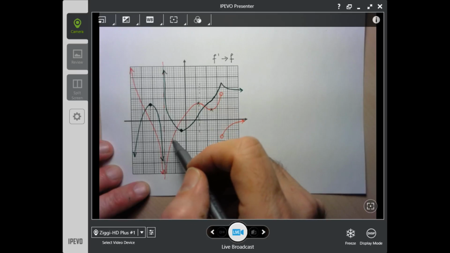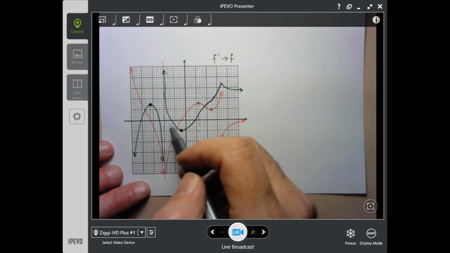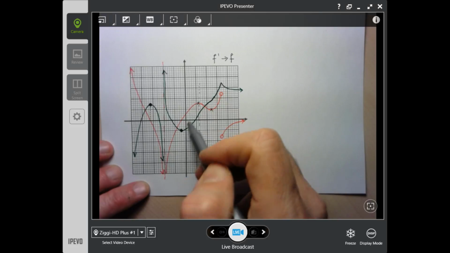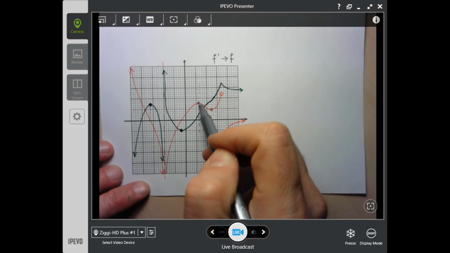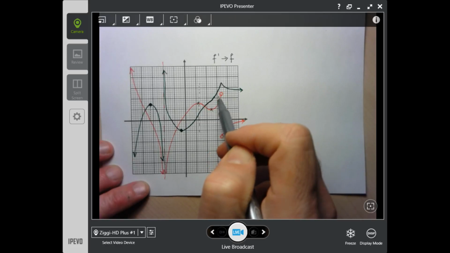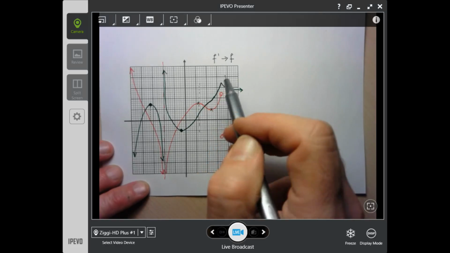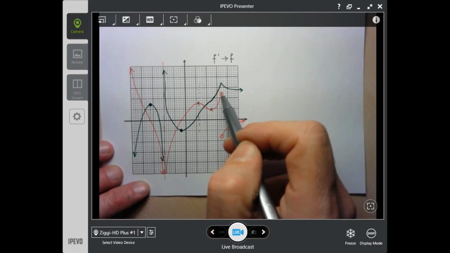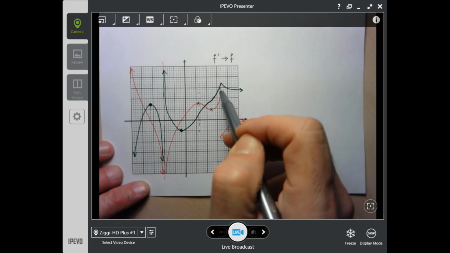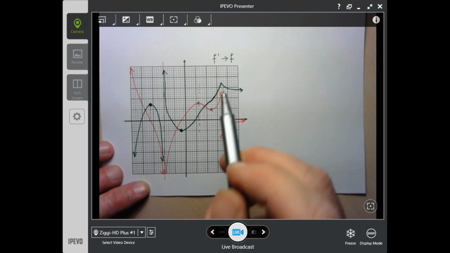Here we went from negative to positive, getting more positive, so steeper, steeper, less positive, less steep, then getting more positive, steeper, steeper, and then we get to a point where the derivative doesn't exist. And we see that the slopes of the tangents went from positive to negative, approaching zero. All right, that's it for this one.